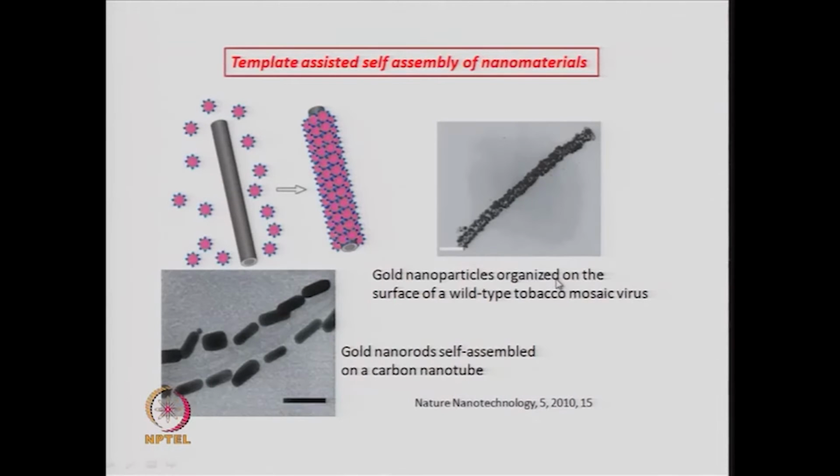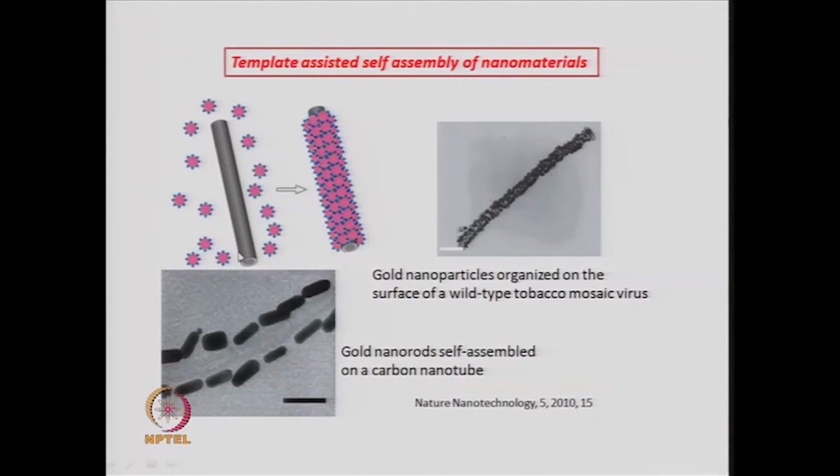Now, you can have template assisted self assembly of nanomaterials. For example, here you have a template. The template here is, for example, some kind of a tobacco mosaic virus, and you have gold particles which can be schematically shown here.